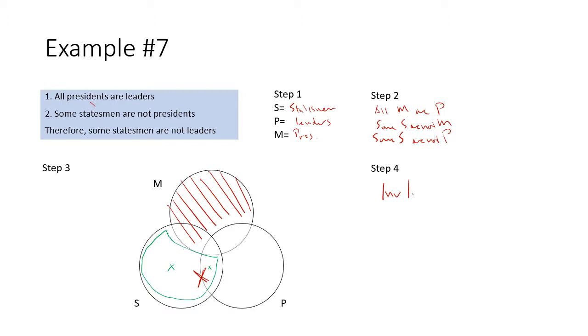Just to reiterate, anytime you're faced with a situation where you have to put the X on the line, the argument will be invalid.